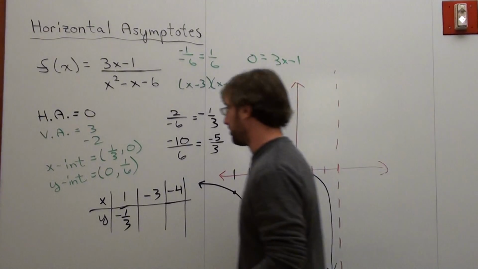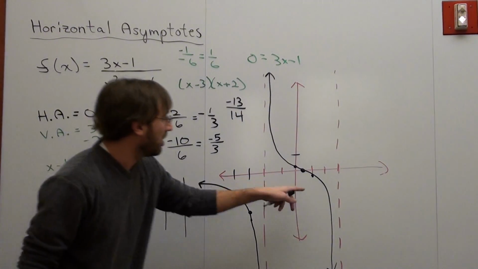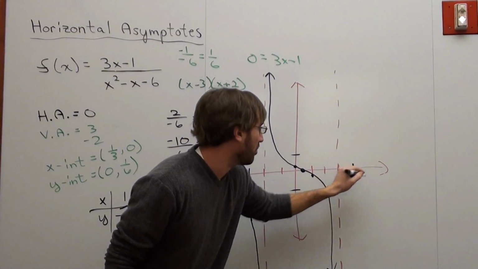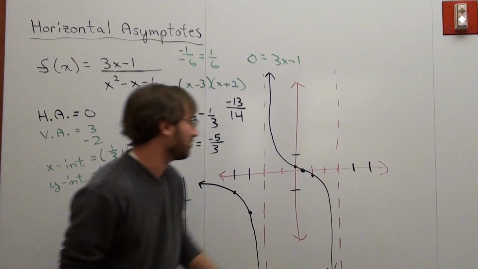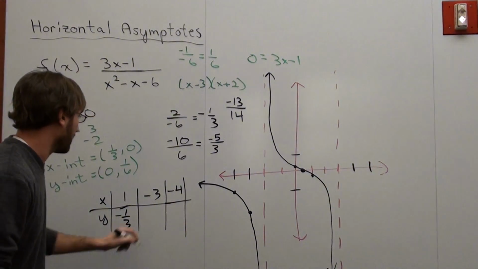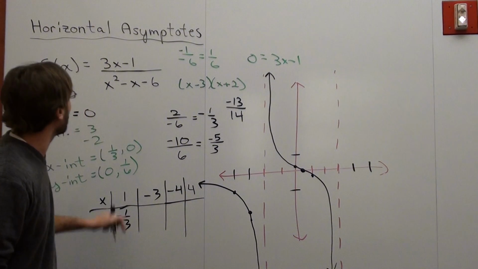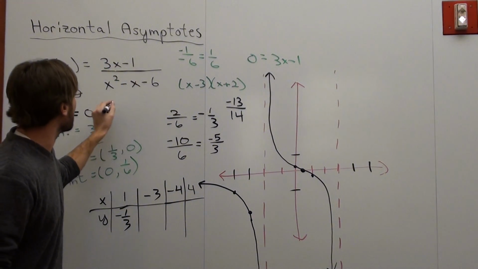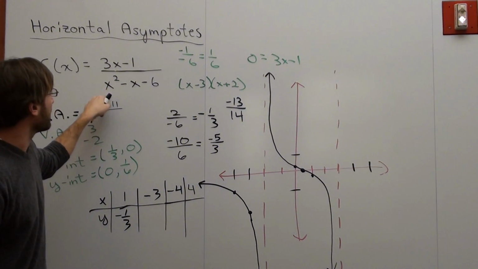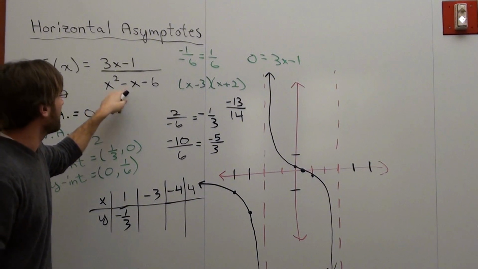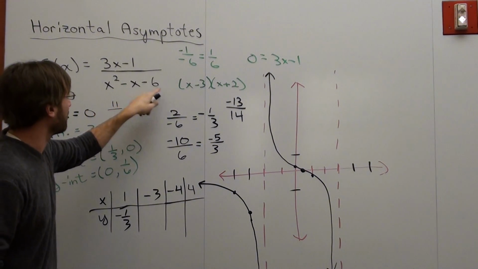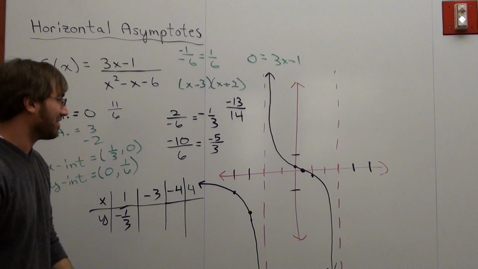Anyways, I'm rambling there. Continuing along, so let's say I want to have a testing point of 4 and a testing point of 5. So if I do that really quickly, if I substitute in 4, I get 12 minus 1, which is 11, and 4 squared is 16, minus 4 is 12, minus that is 6, so it's 11/6.